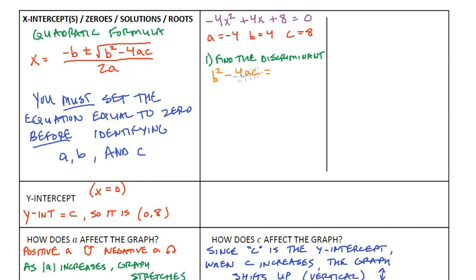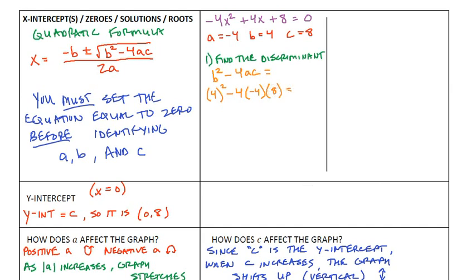So let's plug in our values. Our b value is 4, so we've got 4 squared minus 4, times our a value, negative 4, times our c value, 8.